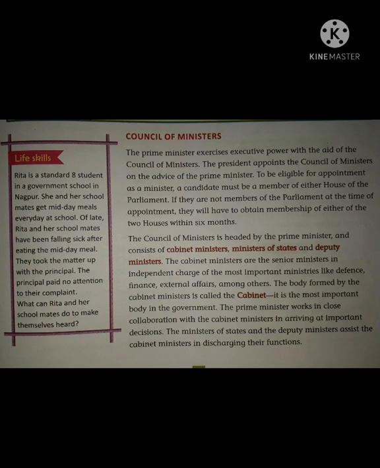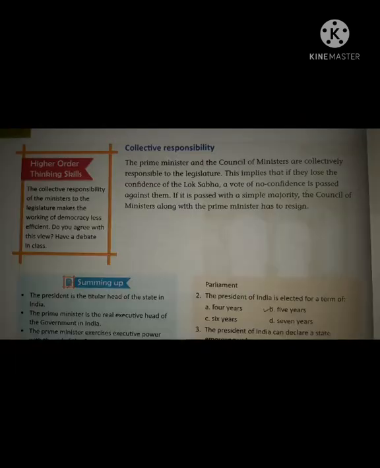The Prime Minister works in close collaboration and cooperation with the cabinet ministers to arrive at a particular decision, as they are the senior members. They know more and have more experience. So the ministers of state and deputy ministers assist the cabinet ministers in discharging their functions.